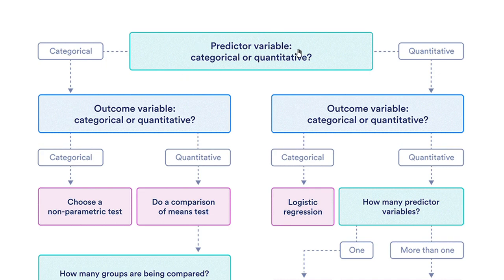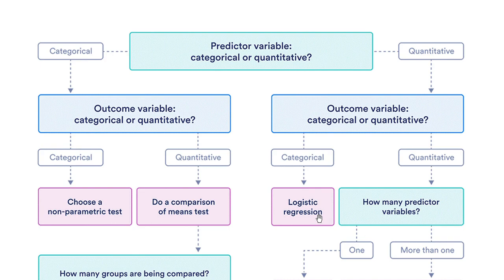If my independent variables are quantitative, then what should I do? I should identify what the outcome variable is. Independent variable is quantitative, okay, that is good. What is the nature of the dependent variable? Is it categorical or quantitative? If the dependent variable is categorical, I should go for logistic regression.